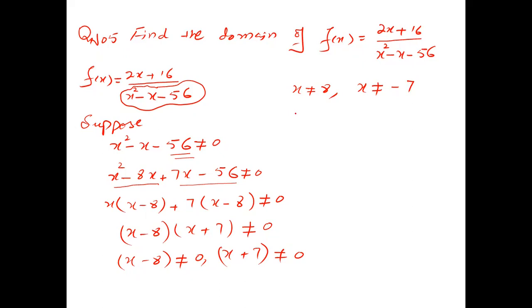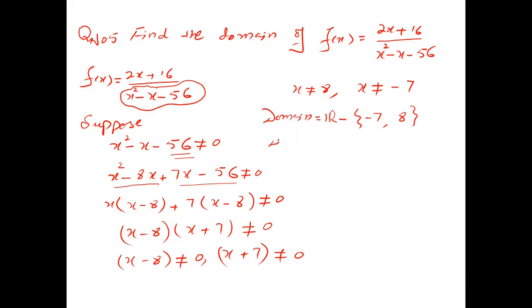Now the solution, domain. Domain equal to real numbers minus 7 and 8. Smaller value first, first of all minus 7, then 8.